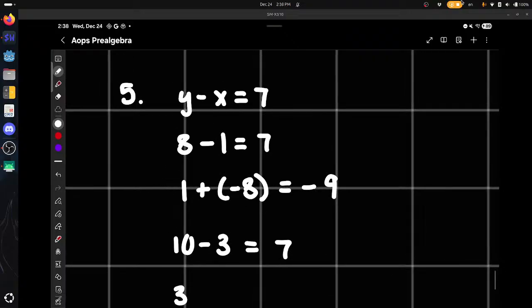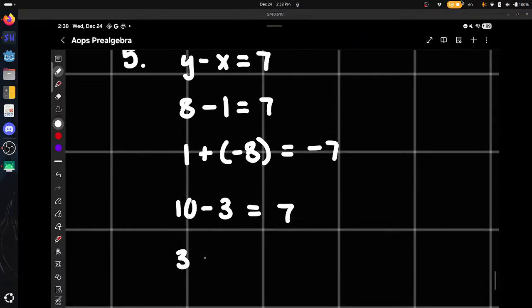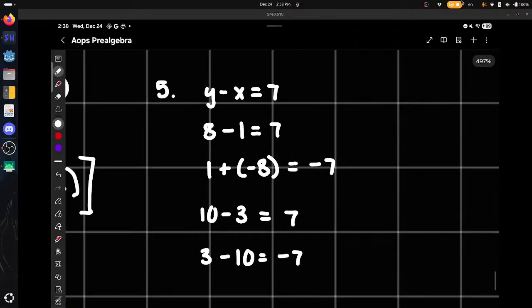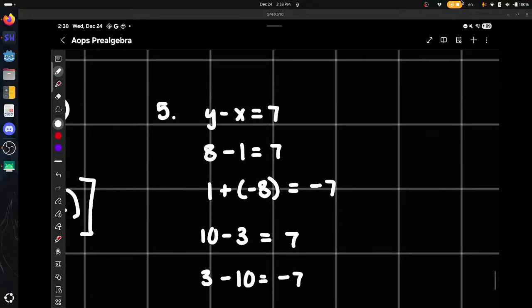Hold on, that is a positive 1. So we get -7. I'm assuming that we'll get the same thing here as well. -7. So the value is just saying -7.